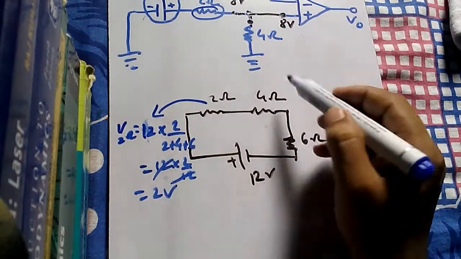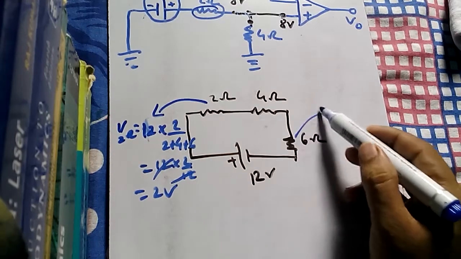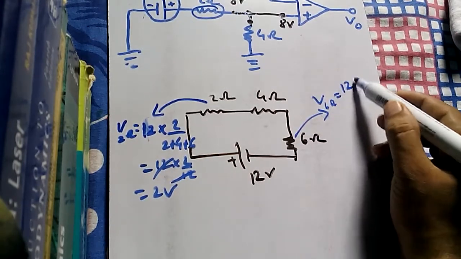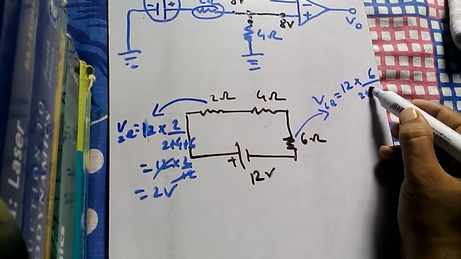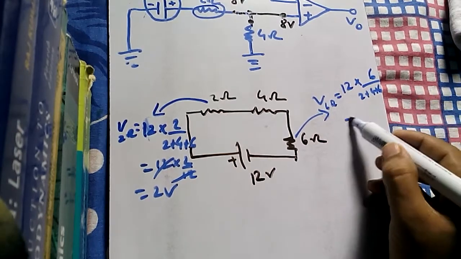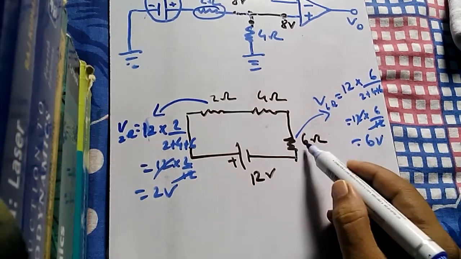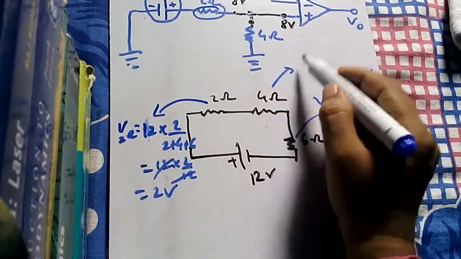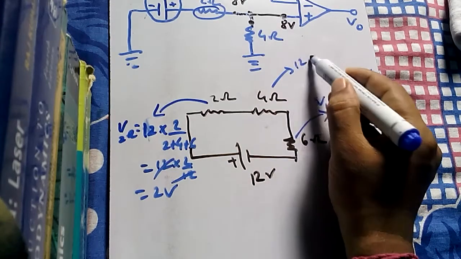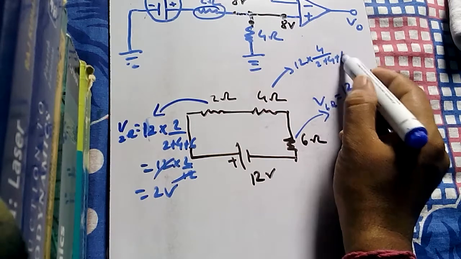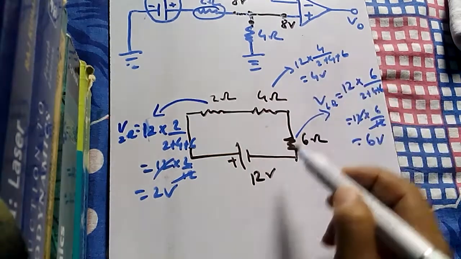Now the voltage drop across the 6 ohm resistance is 12 into 6 by 2 plus 4 plus 6, 12 into 6 by 12, 6 volt. And the voltage drop across this is 12 into 4 by 2 plus 4 plus 6, and this is 4 volt.